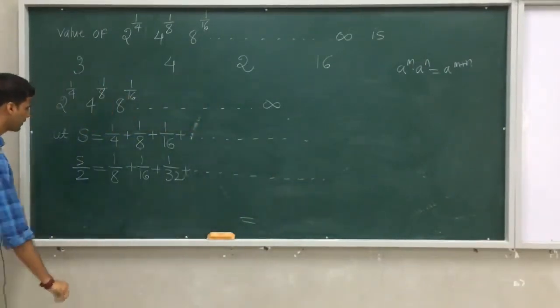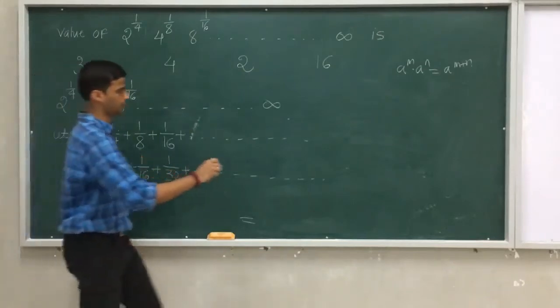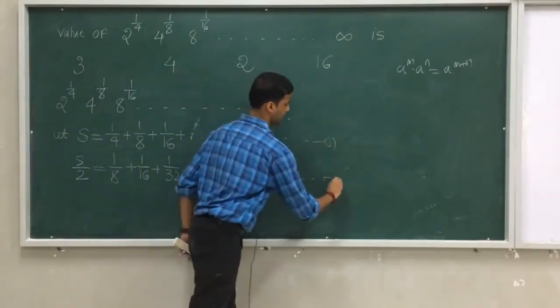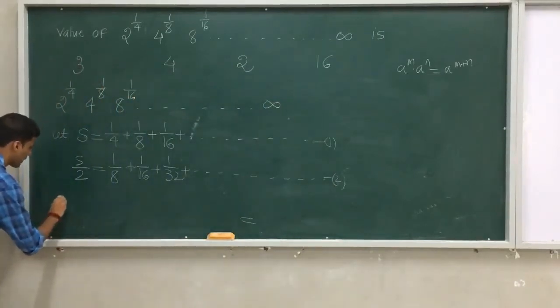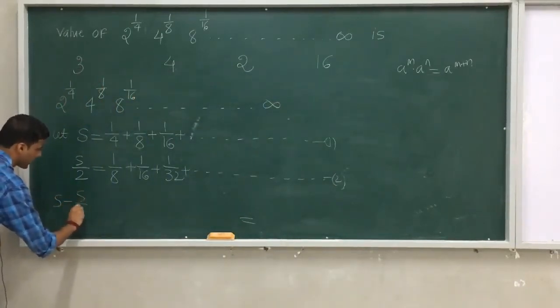Now you do 1 minus 2. If you take this as 1, this as 2, I will do 1 minus 2. When you do 1 minus 2, it looks like s minus s by 2.